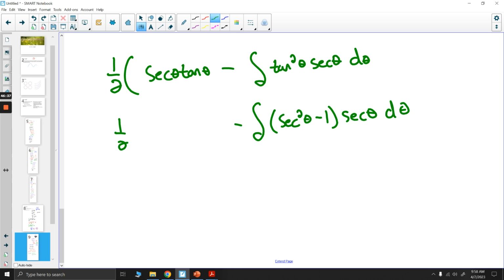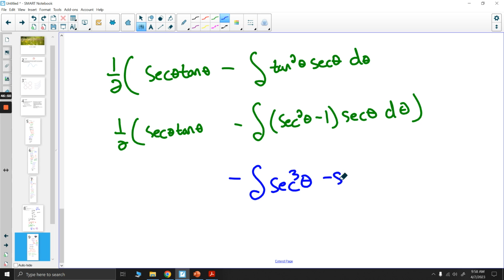And it's still 1/2 times the secant theta tangent theta. Now if we multiply this in, this would be minus the integral of secant cubed theta minus secant theta d theta.